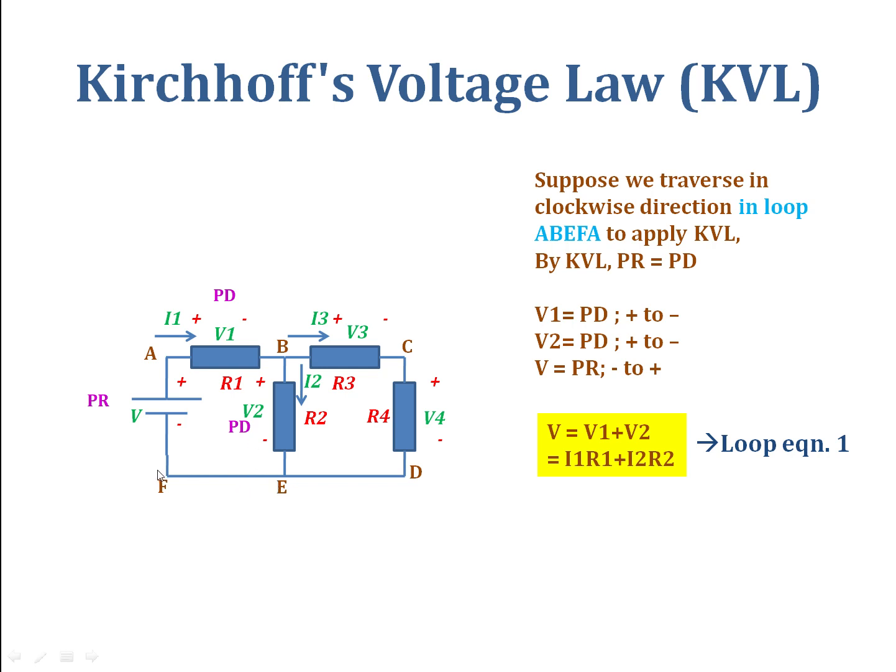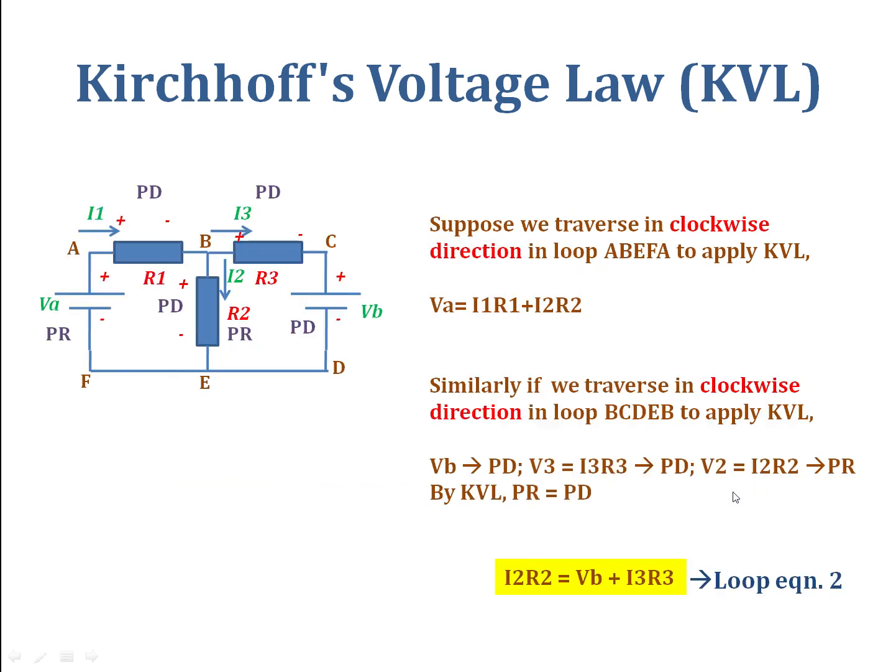From E to F, no drop, no rise. From F to A there is a potential rise because the direction of traverse is from negative marked terminal to positive marked terminal, and therefore V is a potential rise. As per Kirchhoff's voltage law, the sum of potential rises should be equal to the sum of potential drops, and therefore V is equal to V1 plus V2, where V1 and V2 are given by Ohm's law as I1 R1 and I2 R2 respectively. So this is the first loop equation.